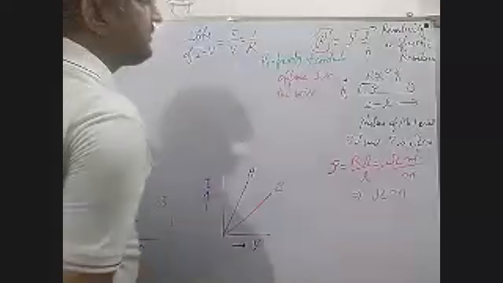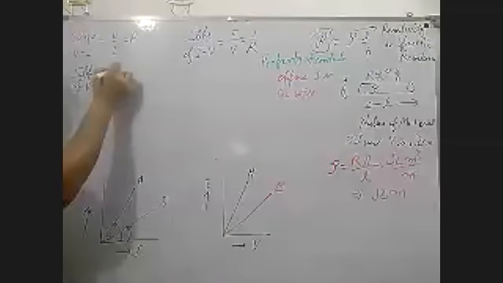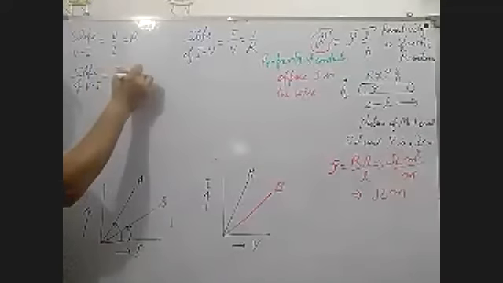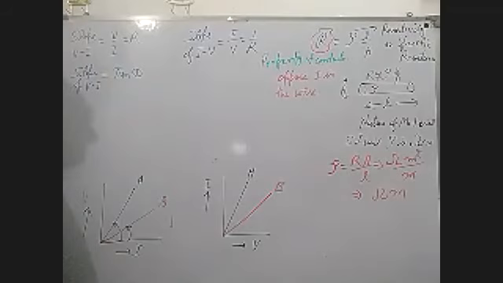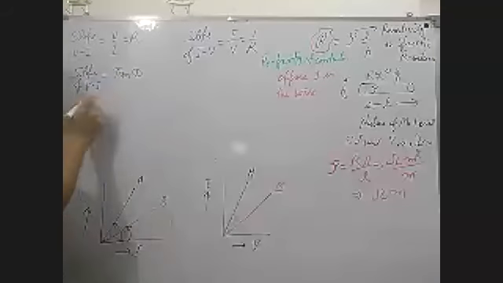Now, for the slope of the VI graph, another method: the slope of any graph can be taken by tangent theta. Now comparing these two things, the VI graph slope is resistance, and the slope is also tangent theta.